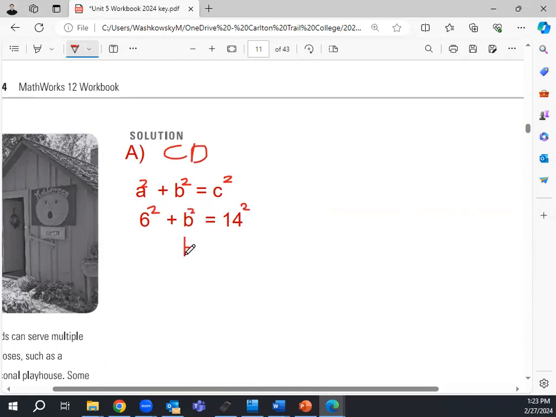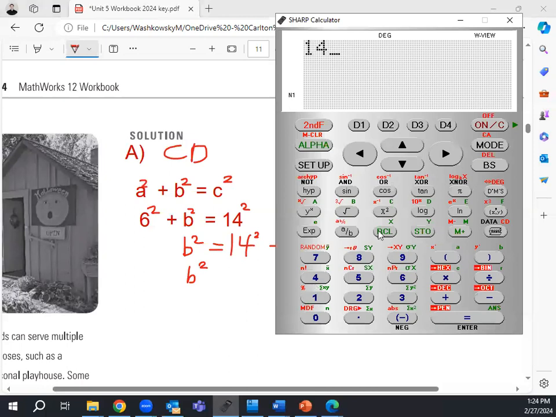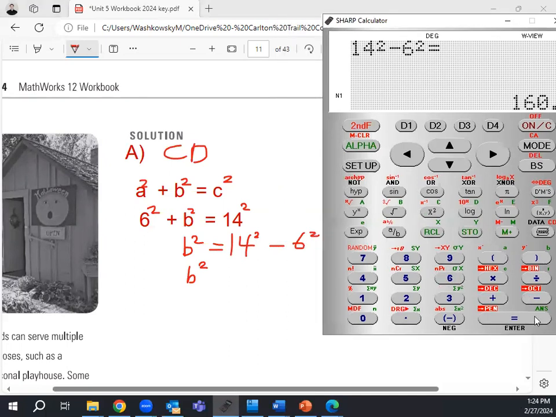So if you start solving that, right, B squared is going to equal 14 squared minus 6 squared, because I subtracted 6 squared from both sides, which would give you 160.